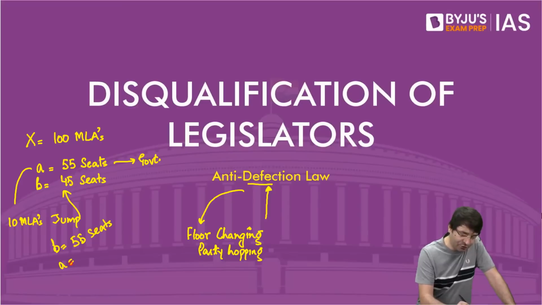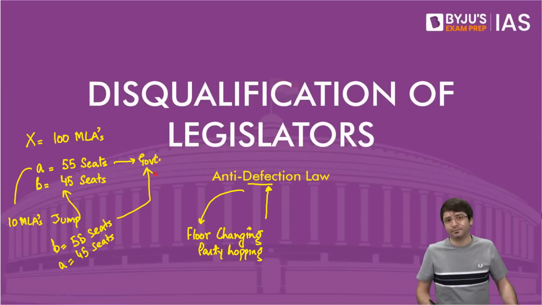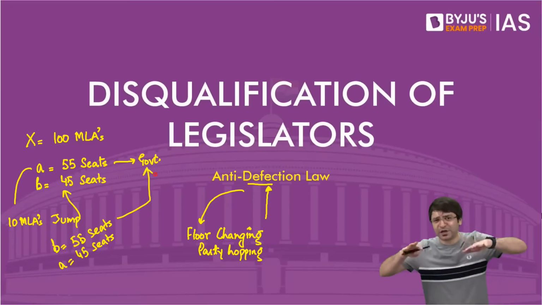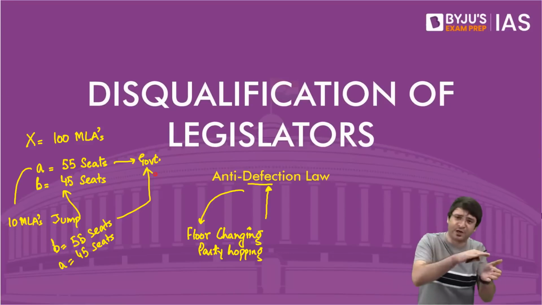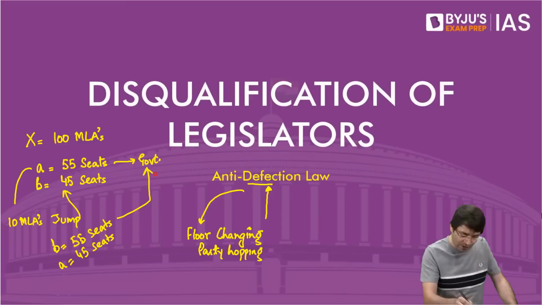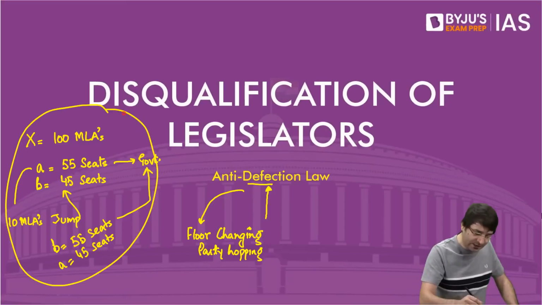Party A is reduced to 45. Now who is forming the government? B is forming the government. And this is like a musical chair. Sometimes you are part of this government, sometimes you shift to another political party. Now all of this is leading to one thing, and that is what? Instability.